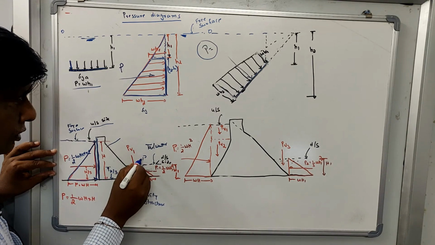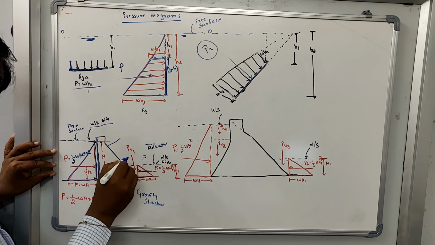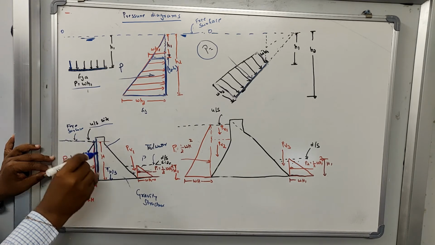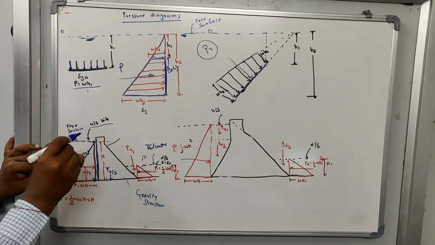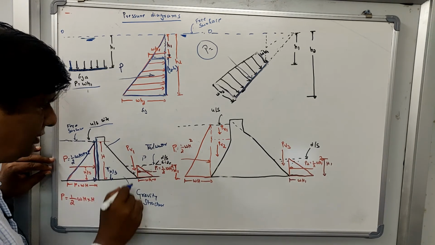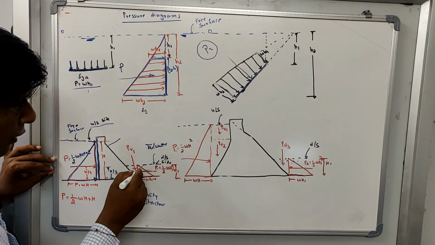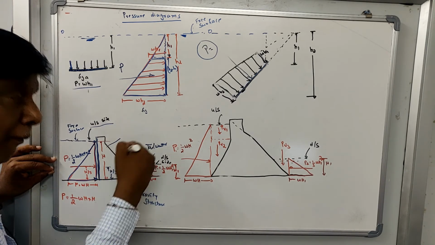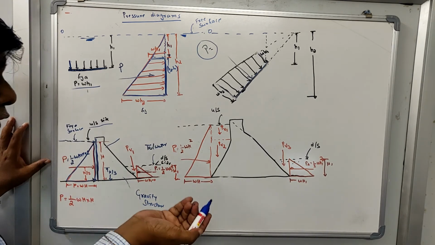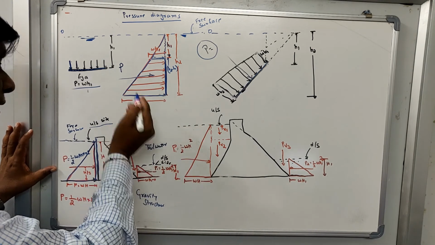The magnitude is the square root of the sum of squares of its vertical and horizontal components, as you know from basic mechanics. So instead of calculating the total pressure, you calculate the components of total force in the horizontal direction and in the vertical direction.